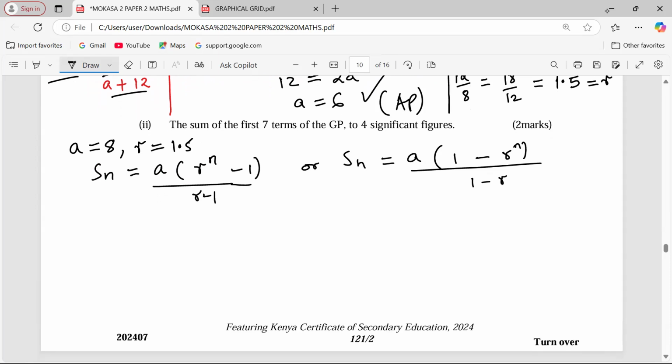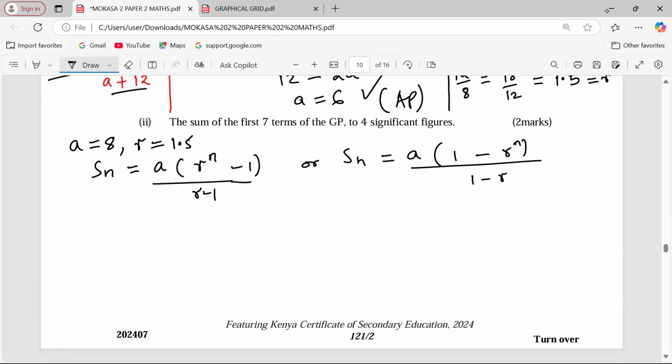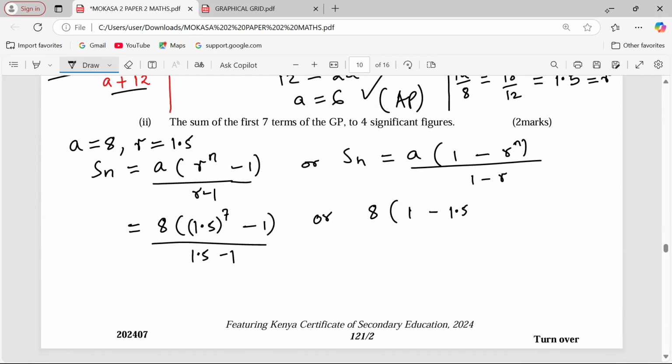So to substitute, you need first term 8, R 1.5 raised to 7 minus 1 divided by 1.5 minus 1. Or using the second formula, 8 into 1 minus 1.5 raised to 7 out of 1 minus 1.5.